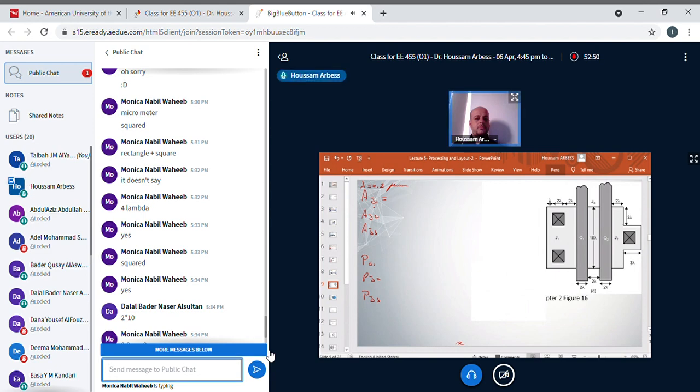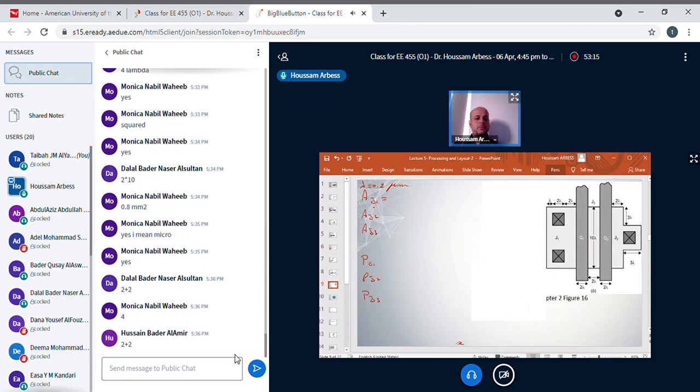What about the perimeter of J3 equals what? I need an answer here. What is the perimeter of the junction? Yes, it's 2 lambda plus 2 lambda equals 4 lambda. 4 times 0.2, which is 0.8 micrometer.